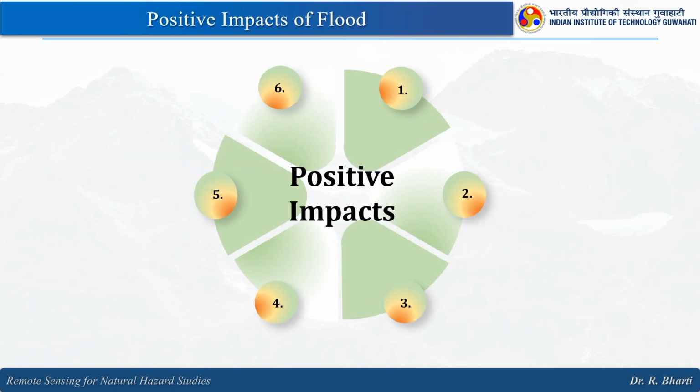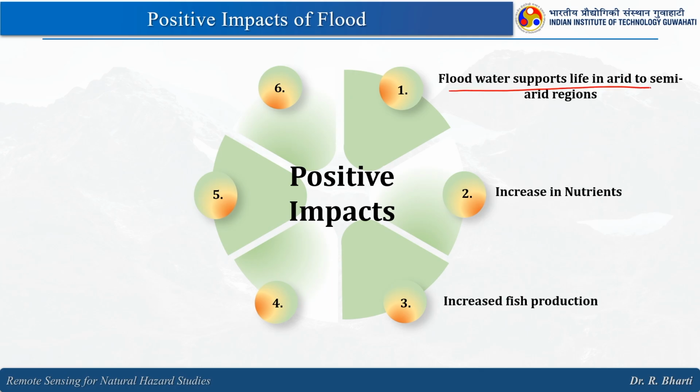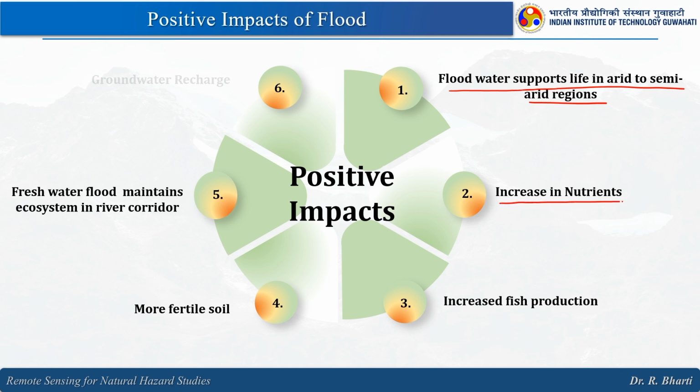But we also have some of the benefits. Flood water supports life in arid to semi-arid regions. Increase in nutrients, that means it will help you to grow more crops. Increased fish production, more fertile soil, fresh water flood maintains the ecosystem in the river corridor, and groundwater recharge.